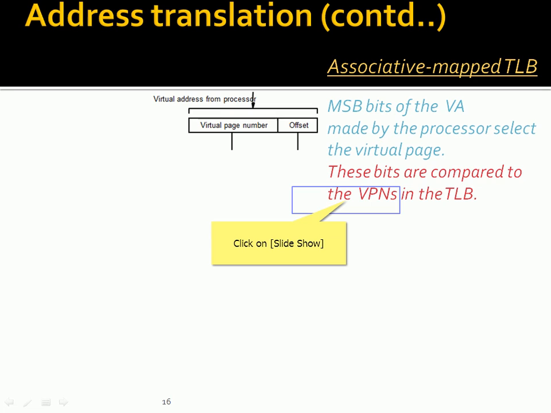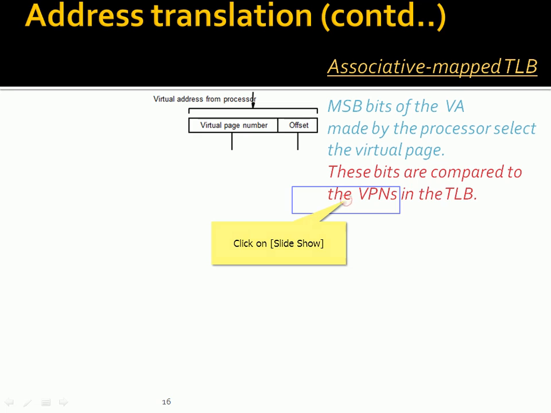So the TLB holds some information about the page table. The page table contains the page information which is available in the main memory, and the TLB is an abstract version of all that page information. The TLB will be there at the memory management unit.